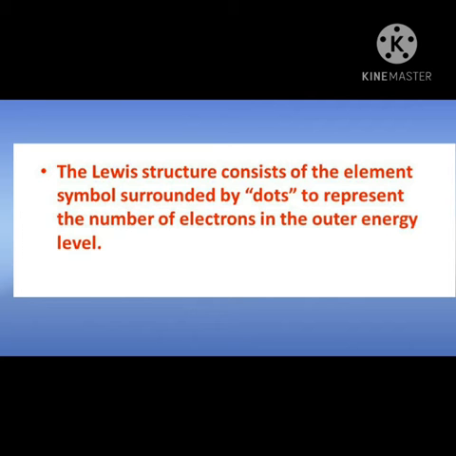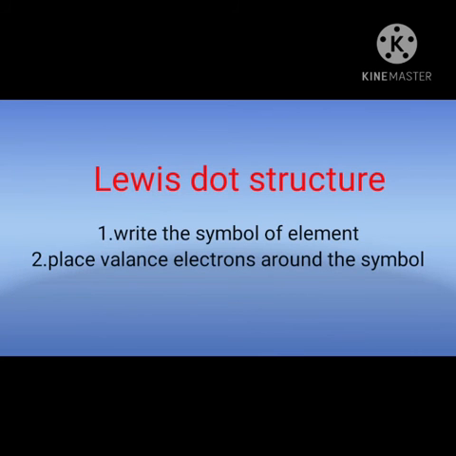We write the element symbol and the outermost electrons with dots or cross marks. This is called Lewis dot structure. Once again, remember children, we write the element symbol and the valence electrons with dots or cross marks. This is known as Lewis dot structure, also called the electron dot structure.